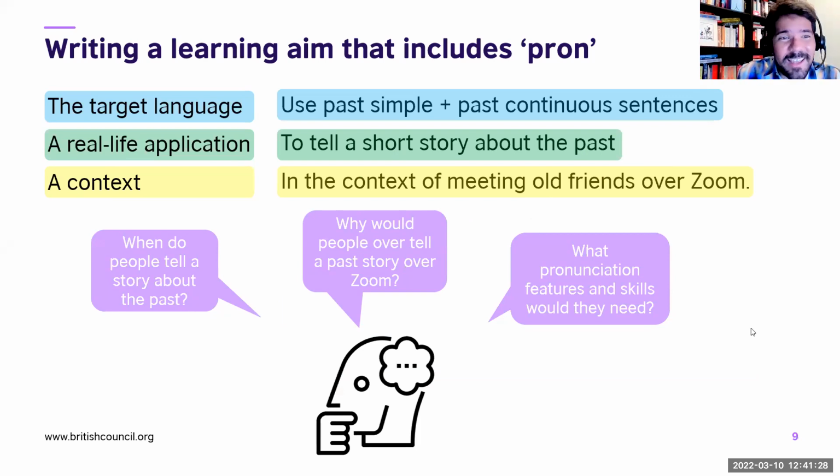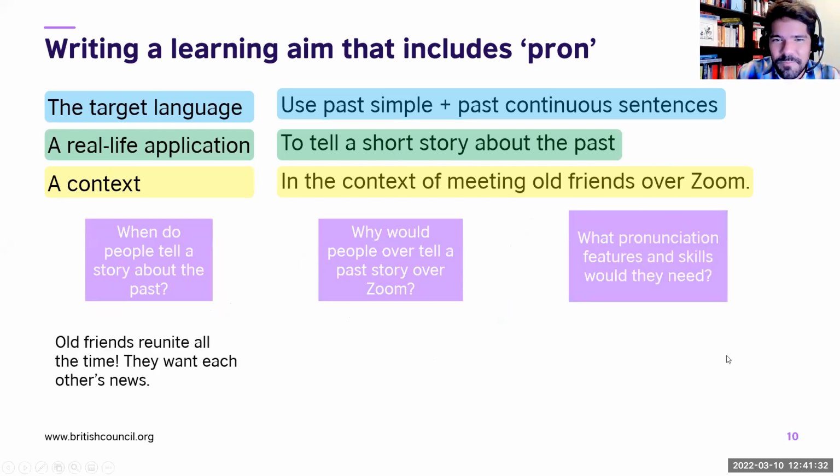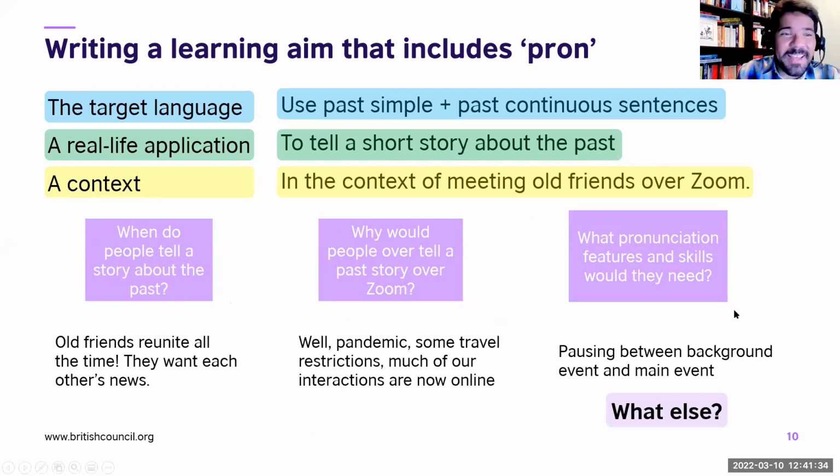So one idea is the one I keep repeating, my eternal, my constant example this session, pausing between background event and main event, as in, I was walking down the street when I saw her. That might be a possibility. Any other possibility that you can think of, feel free to tell me.